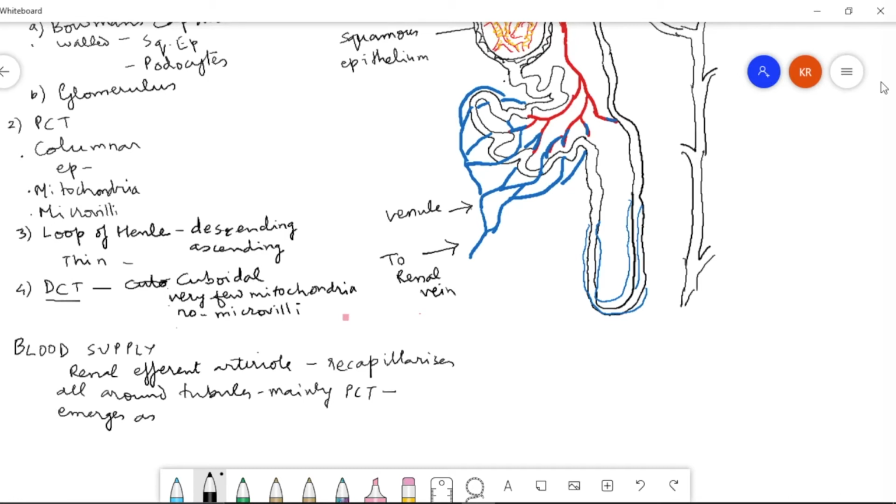What happens then? It emerges as a venule. You see, this is arteriole and this is venule. All these venules ultimately emerge, after they join one another, as the renal vein.